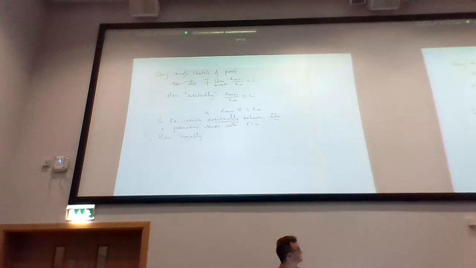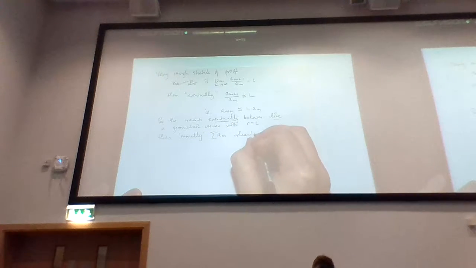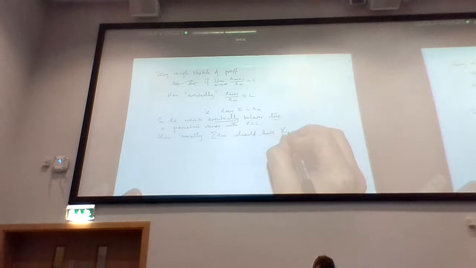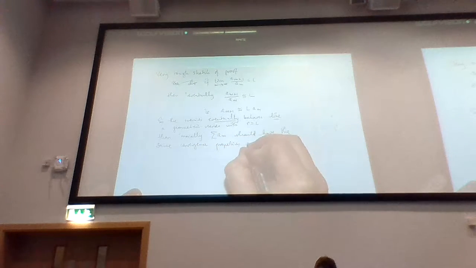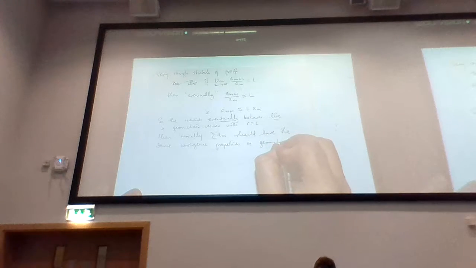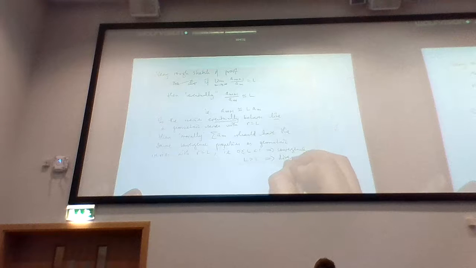The sum of a_m should have the same convergence properties as the geometric series with r equals L, i.e. if L is between 0 and 1, it implies convergence, and if L is strictly greater than 1, it implies divergence.